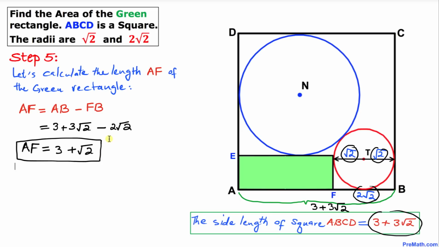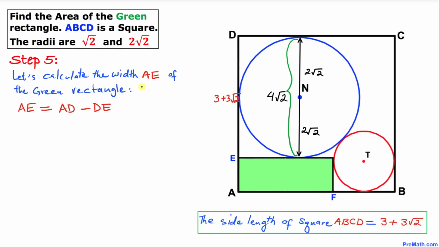So that means this AF turns out to be 3 plus square root of 2, and this is the length of this green rectangle. And now let's go ahead and calculate the width AE of this green rectangle. We know that the width AE is simply equal to AD minus DE, and this AD is the side length of the square ABCD, which has the value 3 plus 3 times square root of 2, and then minus this DE, which is just the diameter of this larger circle, which is 4 times square root of 2.